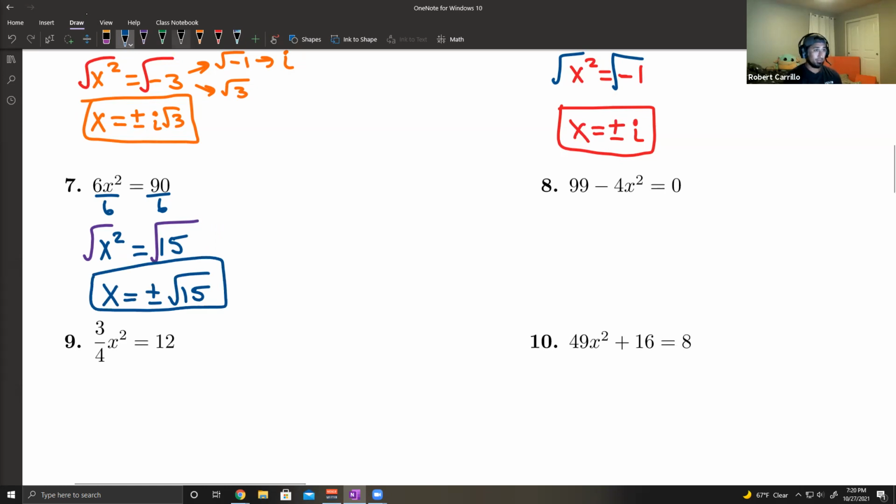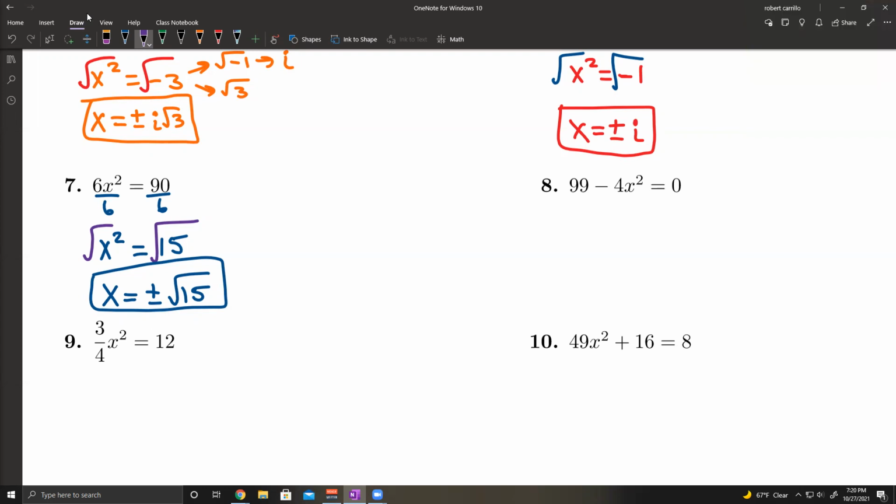Okay. Sweet. And now, number 8. 99 minus 4x squared equal to 0. What do you guys want to move over? The 4x squared or the 99? 4x squared. Okay, we'll add that to the right side. Cool.